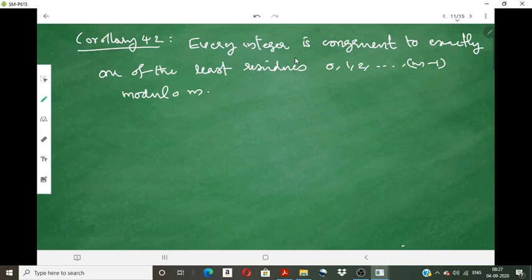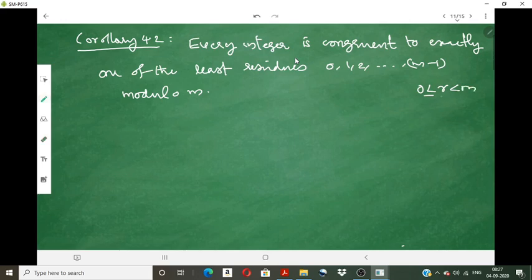This also follows directly from Corollary 4.1, because we know that every integer is congruent modulo m to the remainder obtained when it is divided by m. We know that 0 ≤ r < m.